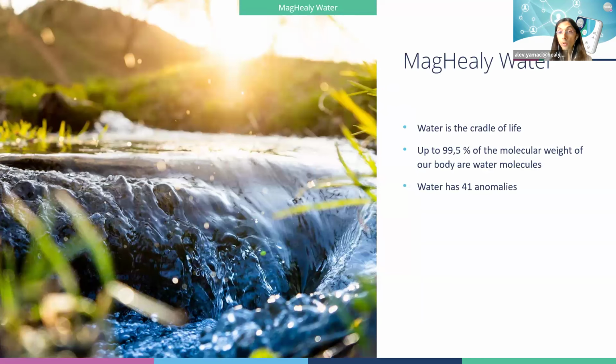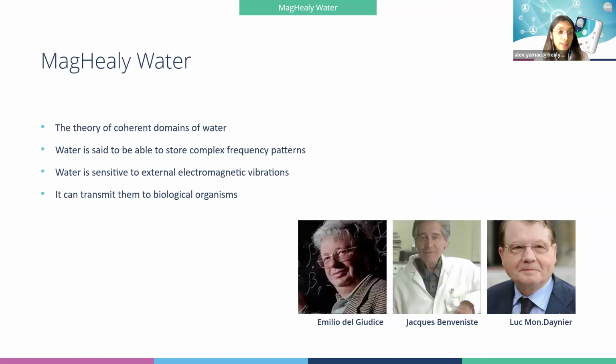And last but not least, water. So water is the cradle of life, as you usually say, and water has 41 anomalies, and of course our body is mostly water. So this is something that especially comes in handy if you talk about the theory of coherent domains of water.